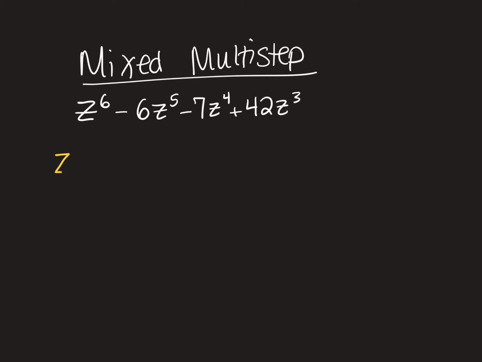I'm going to start by factoring out z cubed. So when I do that, I will have z cubed minus 6z squared minus 7z plus 42. Sorry, I first wrote z squared, but that should be z cubed.